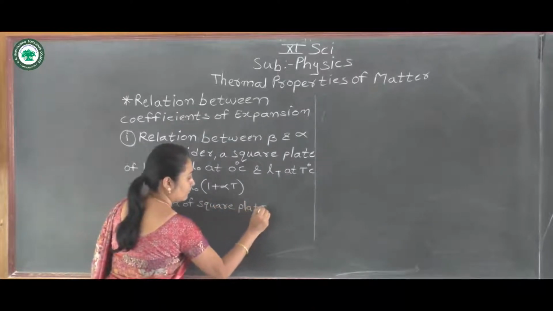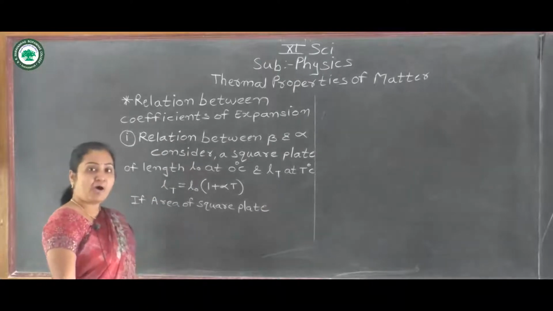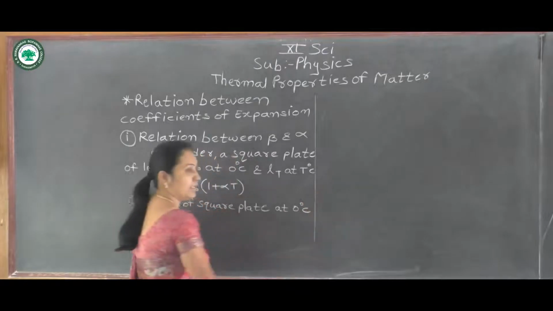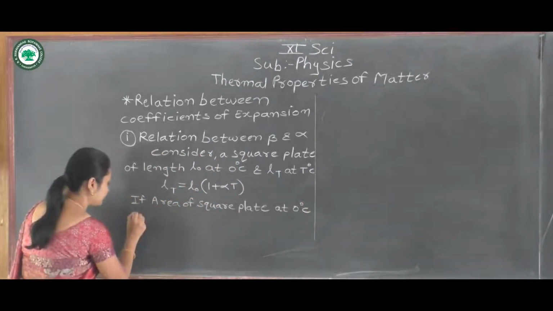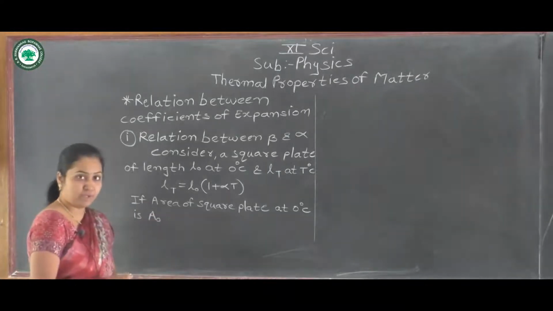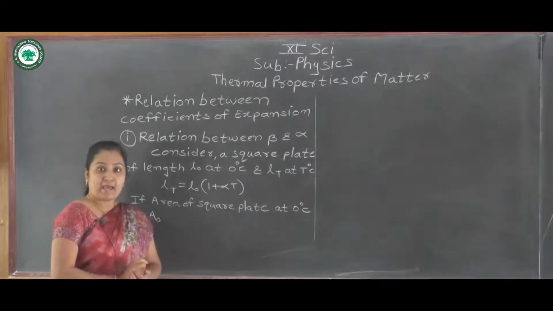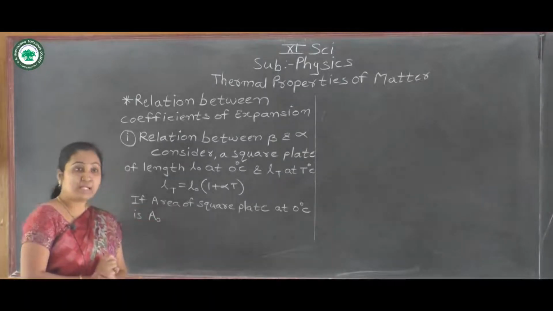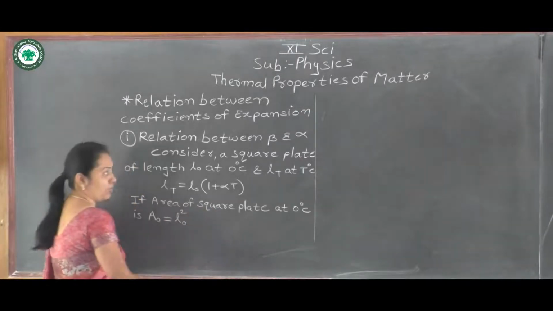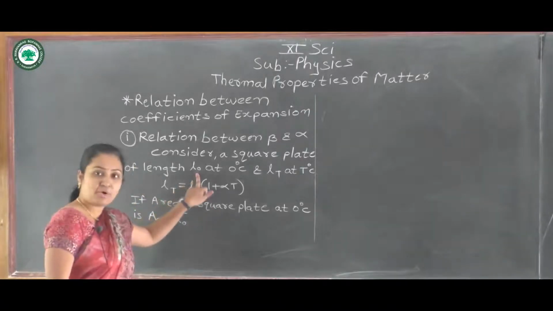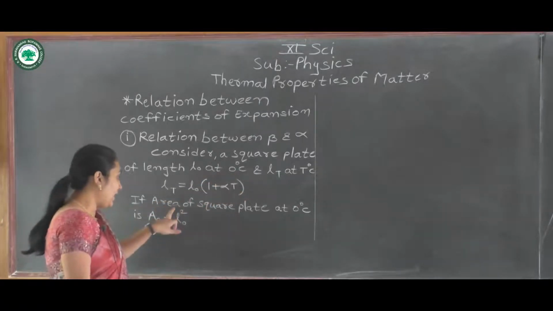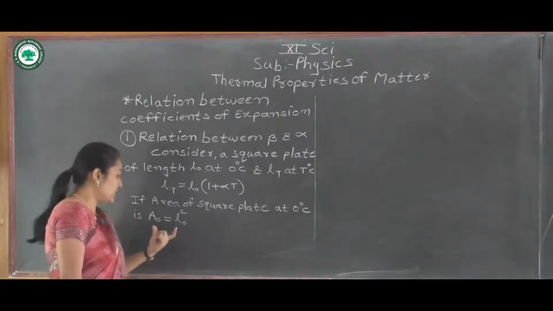If the area of the square plate at 0 degree Celsius is A0, we know that area is equal to the square of the length. So A0 is equal to L0 square, because L0 is the length at 0 degree Celsius and the area at 0 degree Celsius is A0.